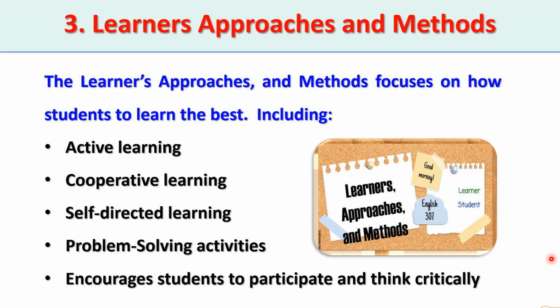We can say the teacher can cooperate with students too. While students are working in groups, they are cooperating, and the teacher needs to cooperate by monitoring, walking around and helping them if they need help. So the teacher needs to cooperate too, teacher and student. Okay.